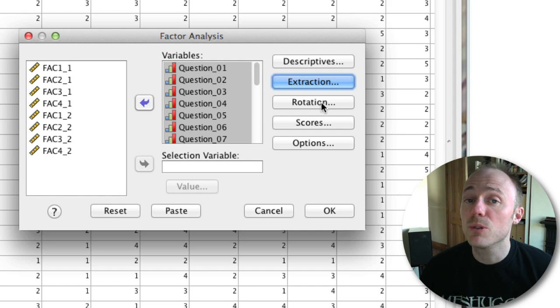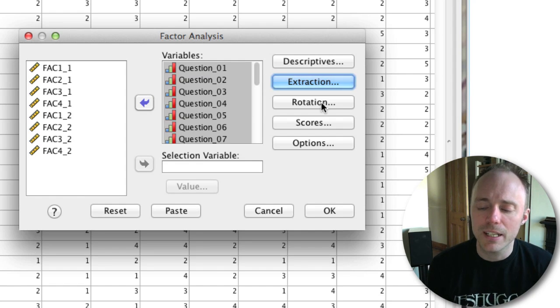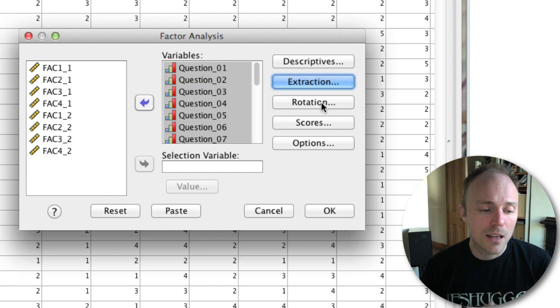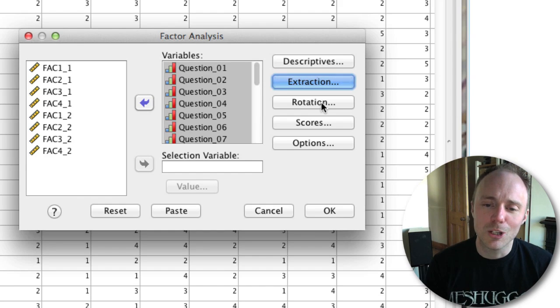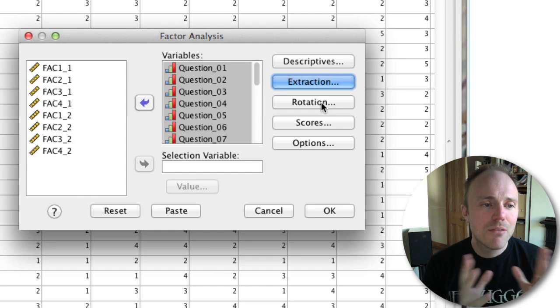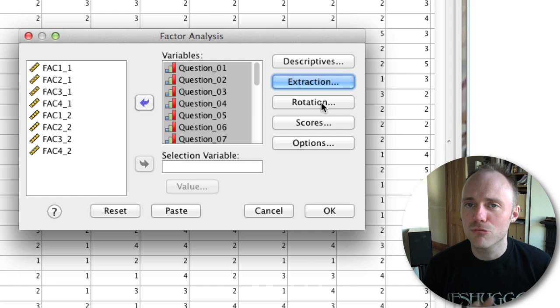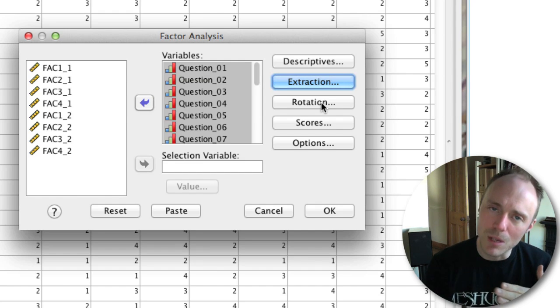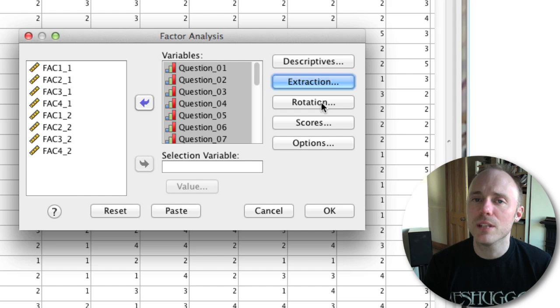The second thing to think about is rotation. So what factor analysis does is it does a sort of first pass at finding these factors, and works out the eigenvalues and comes up with a solution and all the rest of it. But then it can use something called rotation, which is a way of maximising the loadings of variables onto particular factors.